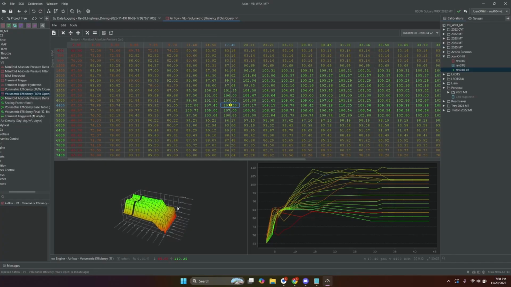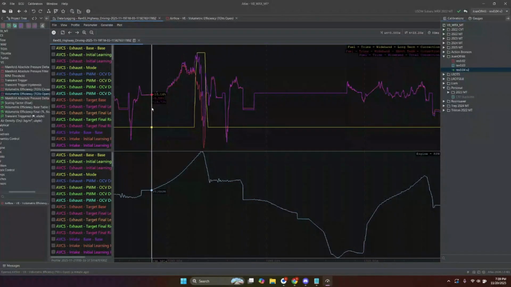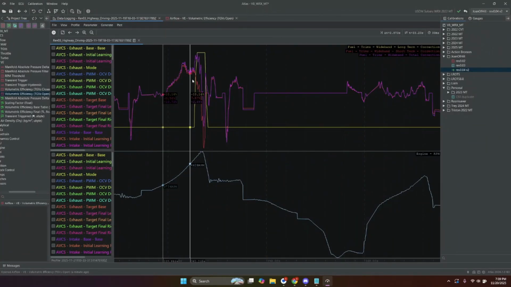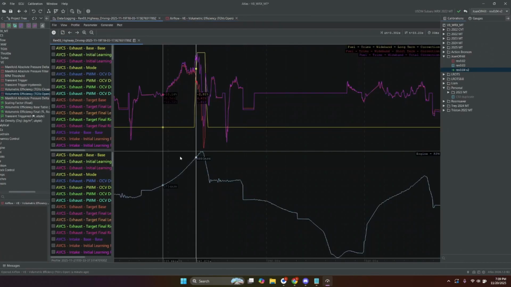Now, what I will want to change, going back over here, is let's say I'm going to start right here because this is where the 10% is, and then it begins to get better. So now that I've done that, this being at 3,700 RPM, we're at negative 10%.